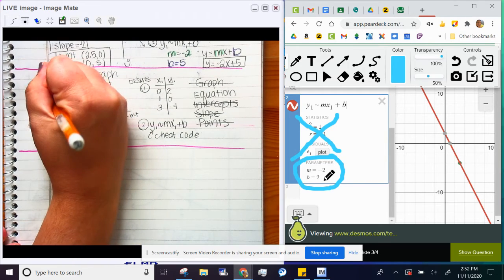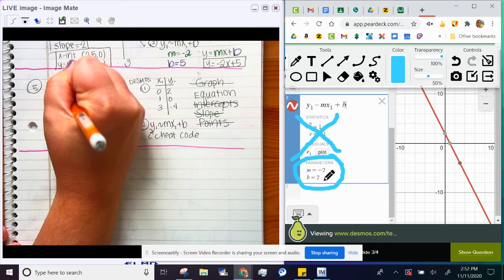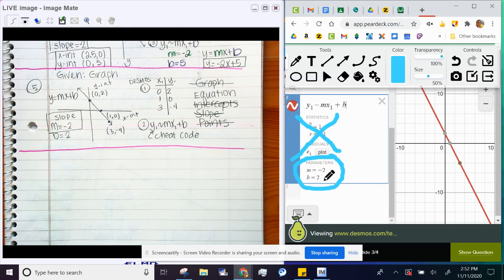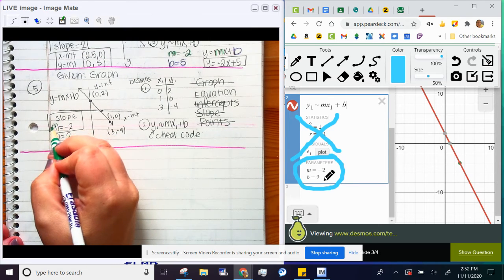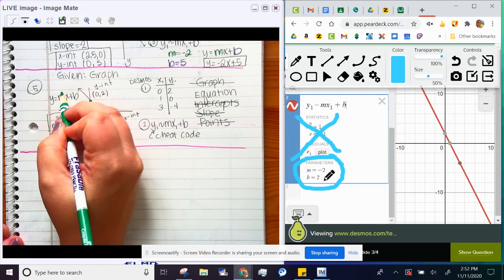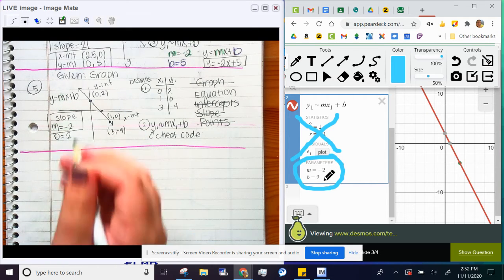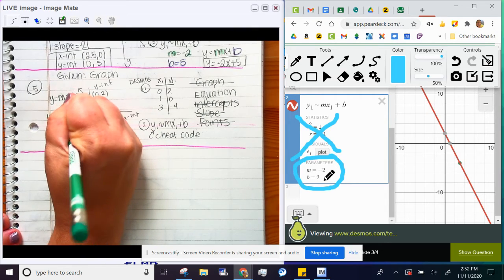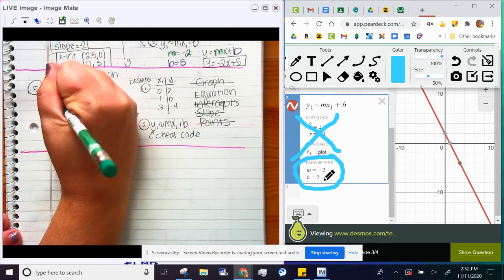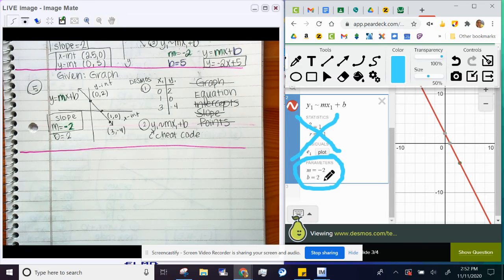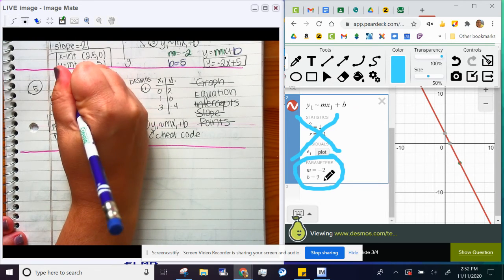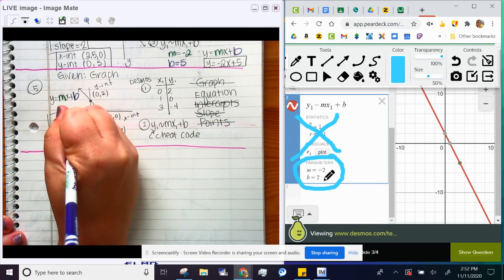Remember for the equation, it's always y equals mx plus b. And this time, look, I've got my m. My m is negative 2. Okay, and I have my b. My b is positive 2.